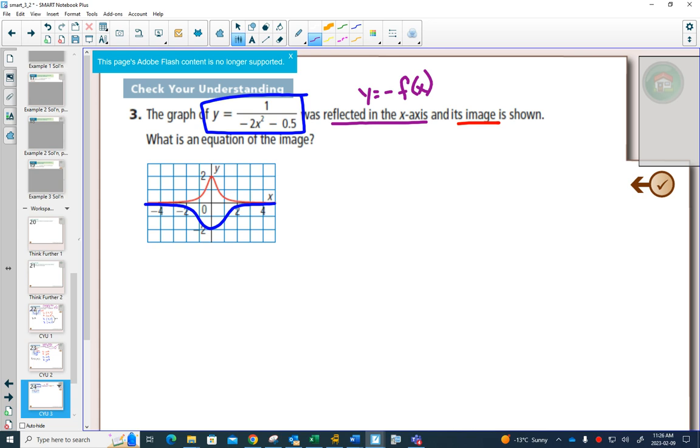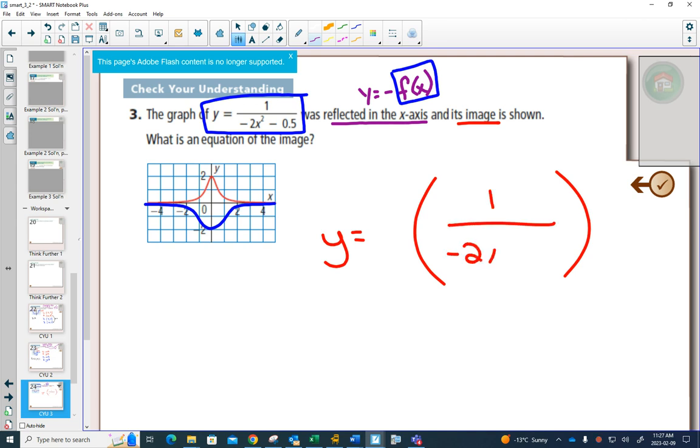The function we have, that was our blue equation. We need to write an equation for the red one, and to do that, all we need to do is rewrite our blue equation, which was this, and put a negative in front.